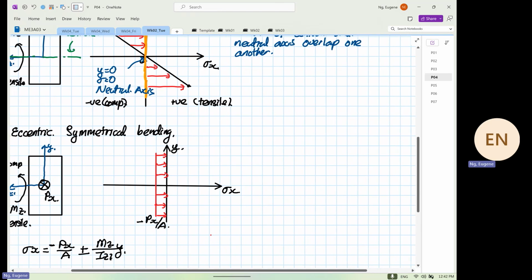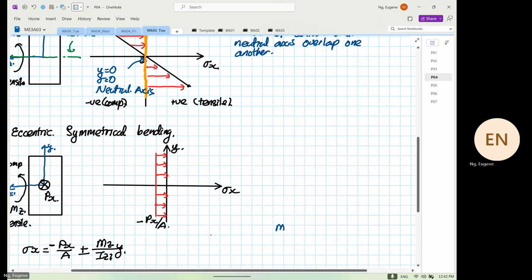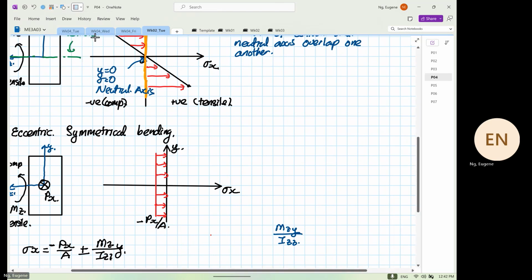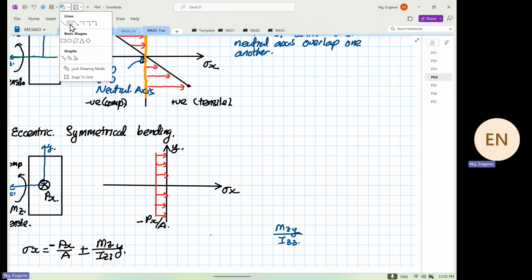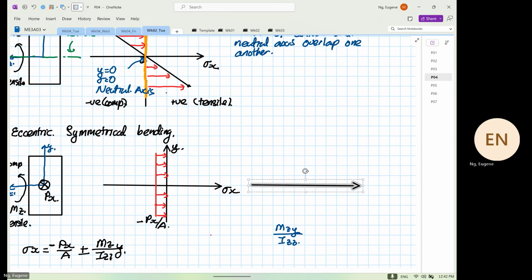Then the next graph we are going to sketch is our Mz y over Izz. Okay. So now we have our axis again, and then our vertical.